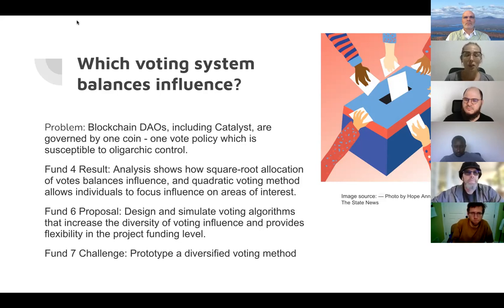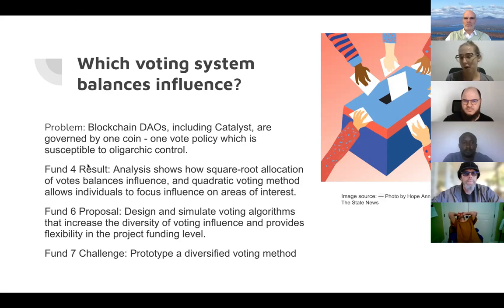And then phase 2 will be in Fund 6, to actually design and simulate algorithms to model what we've decided on, and then Fund 7 to prototype a diversified voting method.